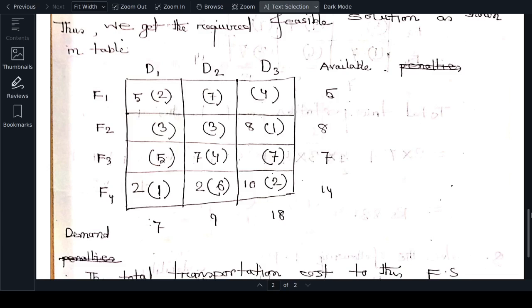Sometimes in your exam they ask to write a short note on lowest cost entry method or matrix minima method, unit cost penalty method or Vogel's approximation method. Okay, so you will see how to write the procedure, because without knowing this theory you cannot solve the problem. Okay, thank you.